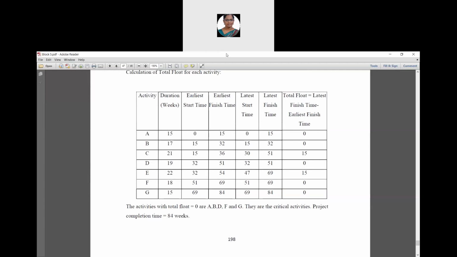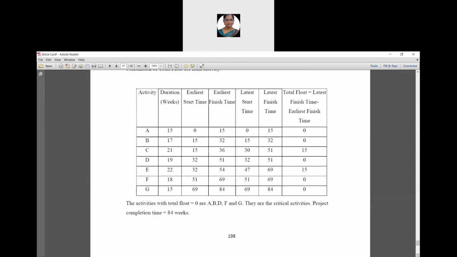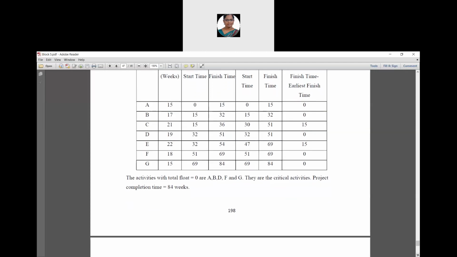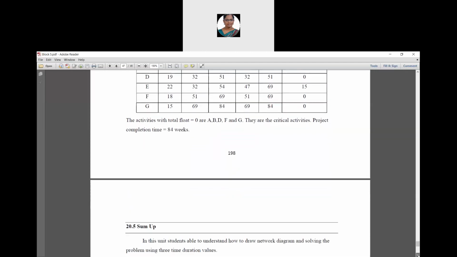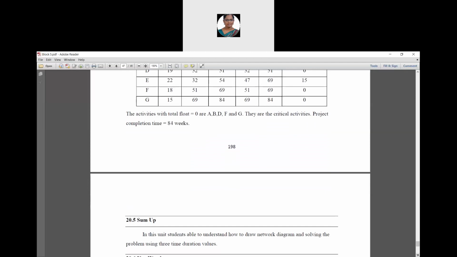So in this table, the activities with the total float value equal to 0 are A, B, D, F and G. Therefore, they are called the critical activities, and the project completion time for this problem is 84 weeks.